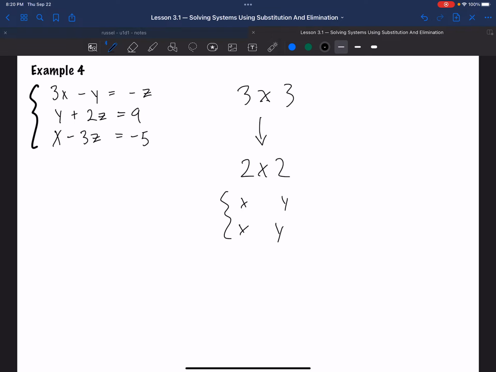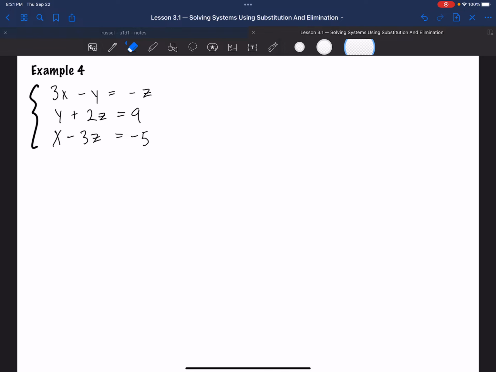And like I said, last video, so if you apply that logic, 2x2 systems aren't so bad. But 3x3 can get messy, and you got to be careful. There's a lot of ways we can go about doing this, but I'll give you a sort of general strategy here. And the general strategy is to first align your variables. You don't have to do this, especially not if you choose a substitution route, right?